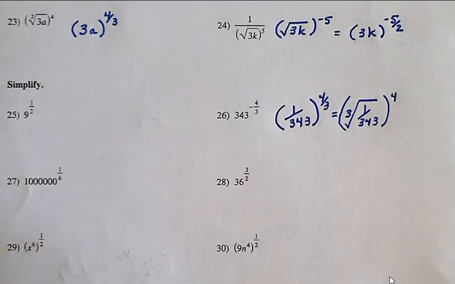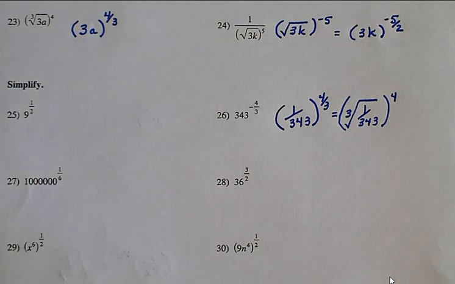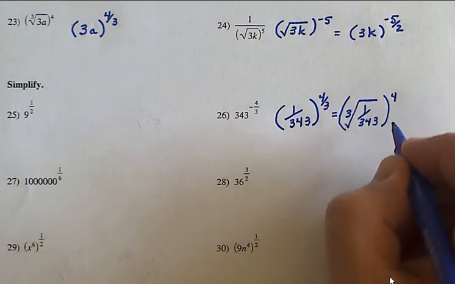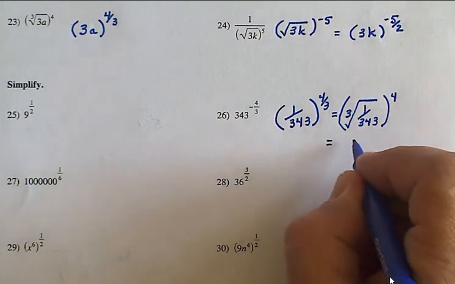Okay, and if you take the cube root of 343, I'm going to double check on that one. It's 7. Okay, so the cube root inside the parentheses reduces to 1 over 7.